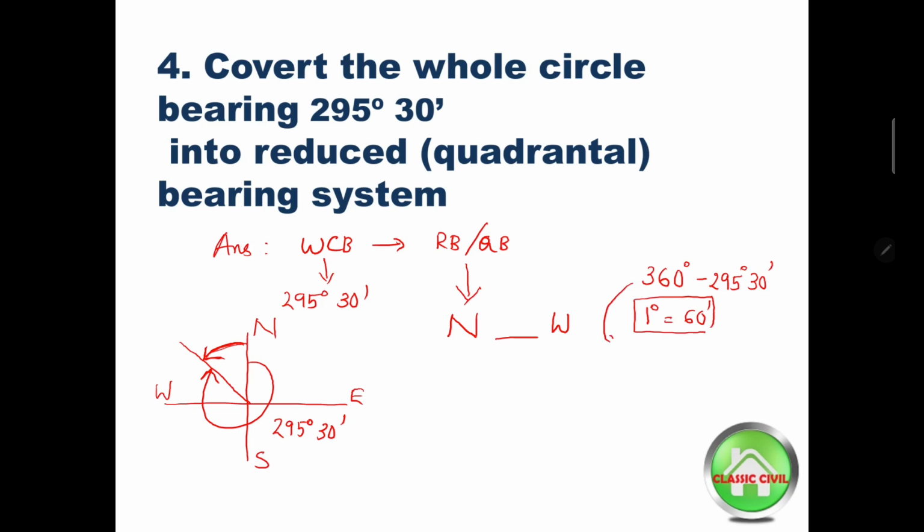Therefore 360 degree can be written as 359 degree 60 minute minus 295 degree 30 minute. Therefore, 30 minute and 64 degree. Therefore the reduced bearing or quadrantal bearing is north 64 degree 30 minute west.